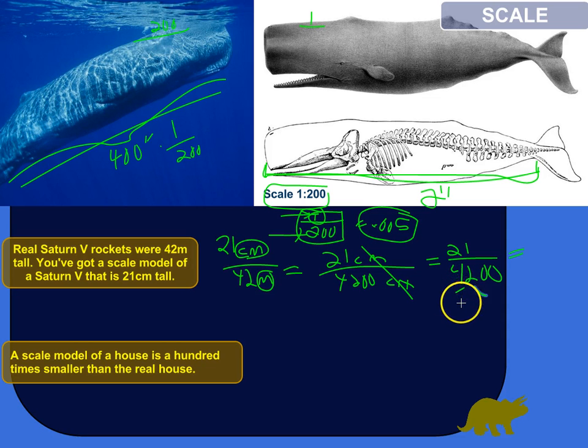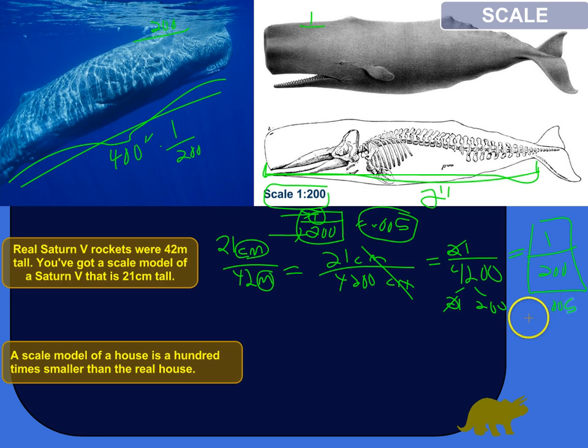That's, I could pull out a factor of 21 times 200. Yeah, 21 times 200 is 4200. So I could cross off these 21s, so that would be a scale factor of 1 to 200. I don't know, did I do that on purpose? Same scale factor as the whale? I might have done that on purpose. Maybe I didn't.